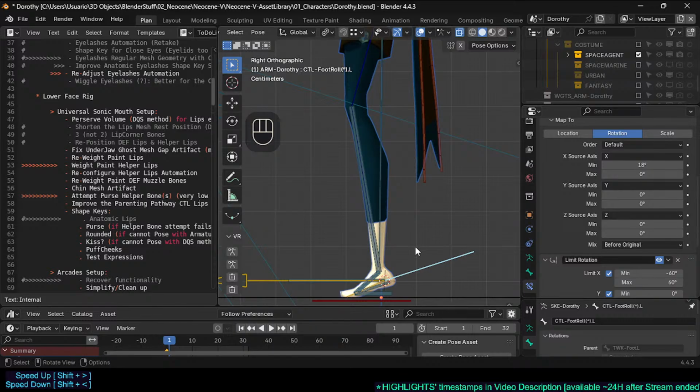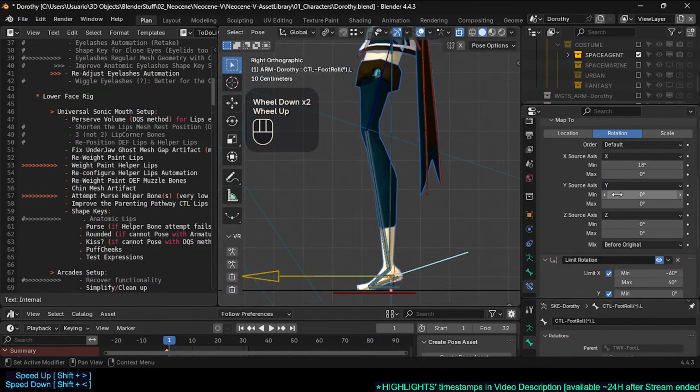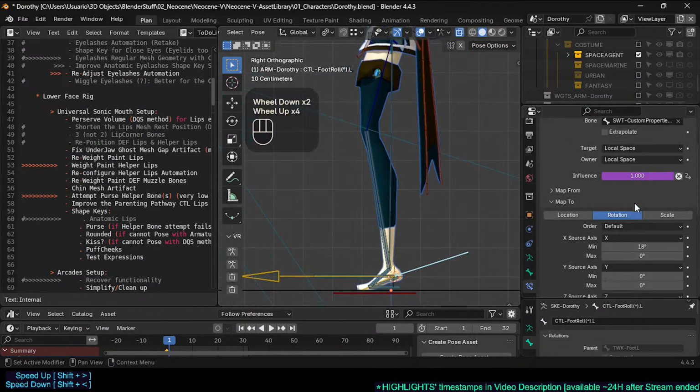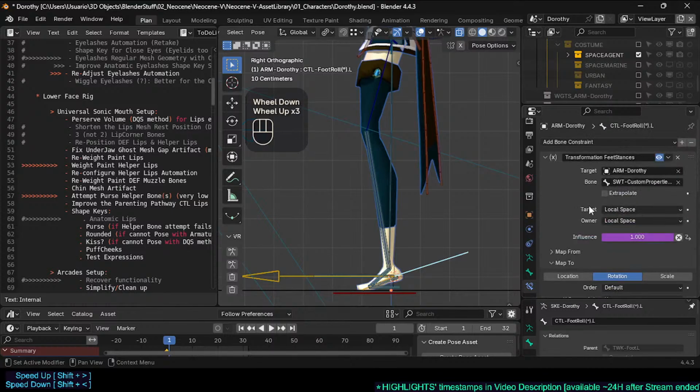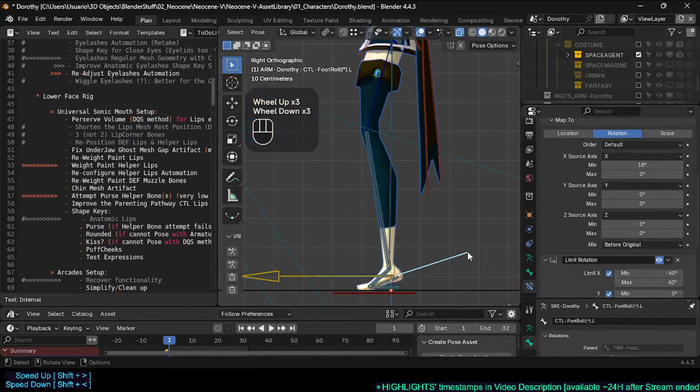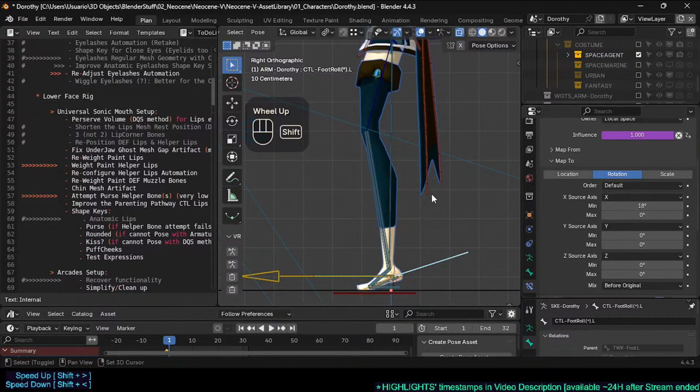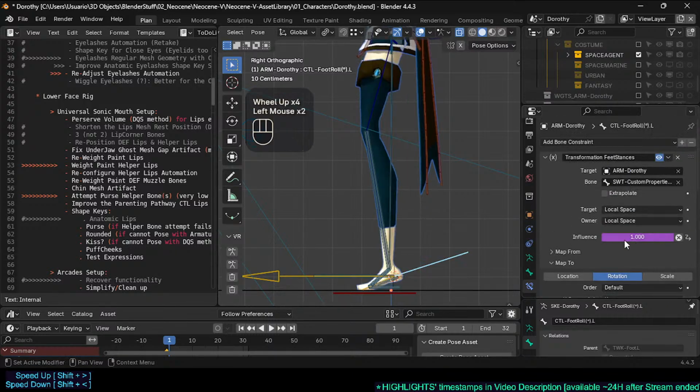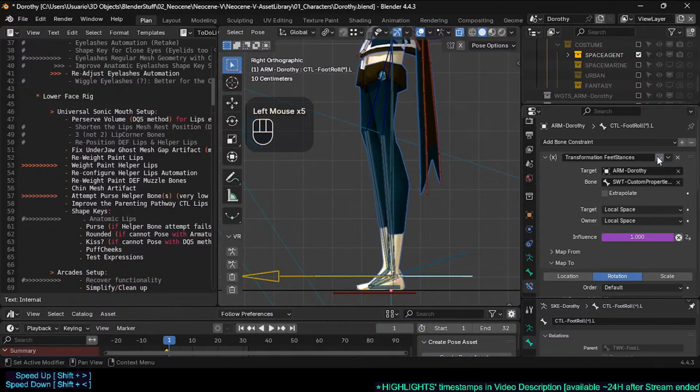So it's like this will generate as if it was a driver, but it's not a driver, it's just a bone constraint. It is generating a constant transform, as long as I have this or some value here in the influence.